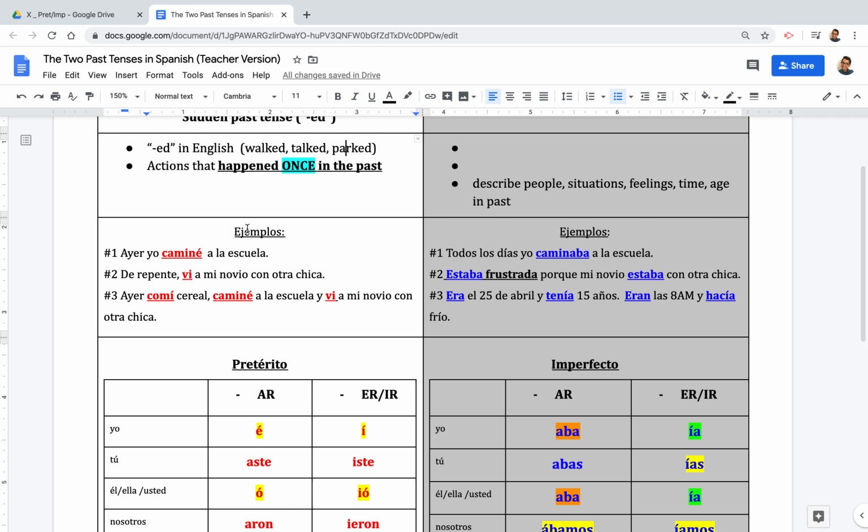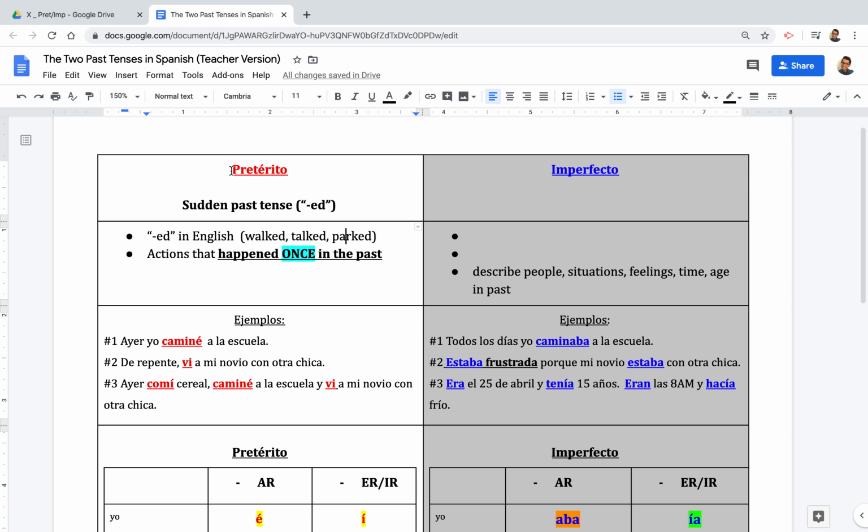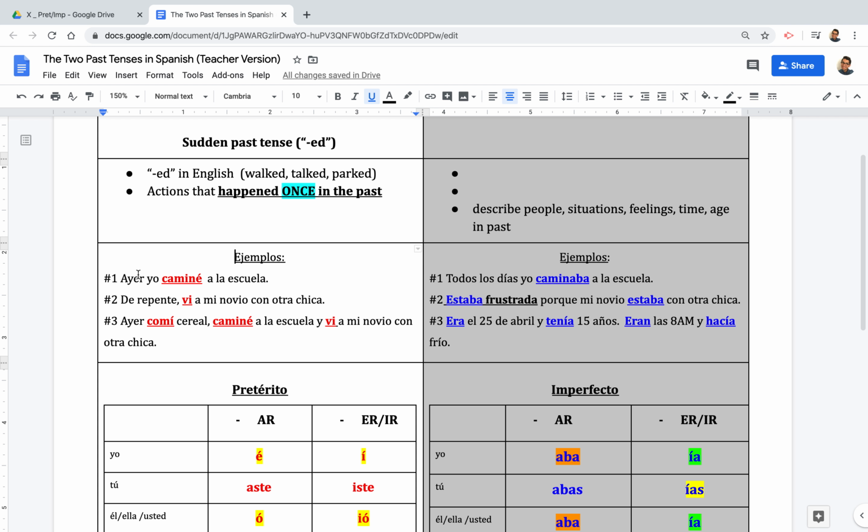Here are some examples that I have for you about the pretérito, or sudden past tense. Ayer yo caminé a la escuela. Yesterday I walked to school. An action that happened once in the past. De repente vi a mi novio con otra chica. Suddenly I saw my boyfriend with another girl.